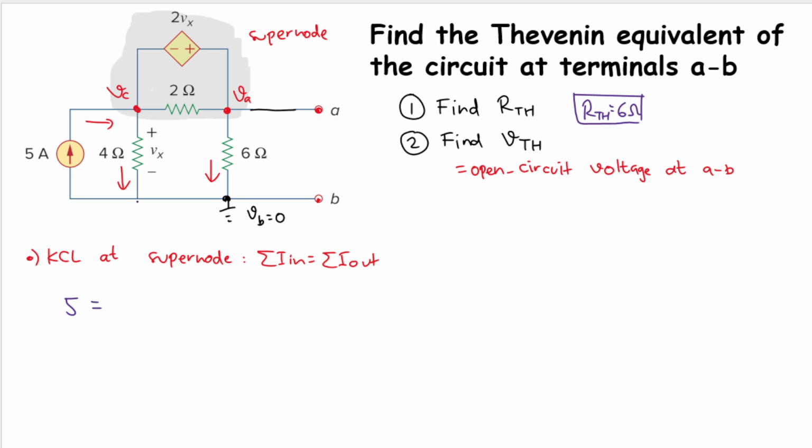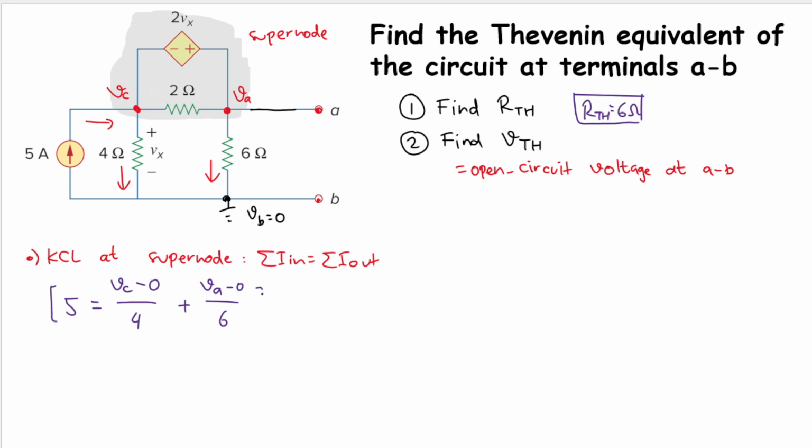So I will have VC, and the current goes to the ground, so I will have VC minus 0 divided by the resistance between them, which is 4. Good. And then we will have this current here, so I will have VA minus 0 because it comes from here and goes to the ground, divided by 6.